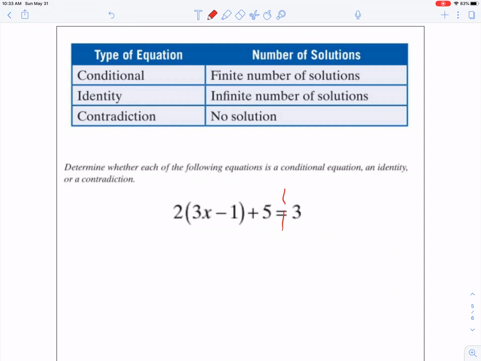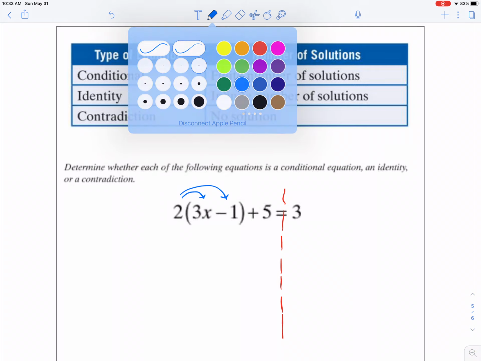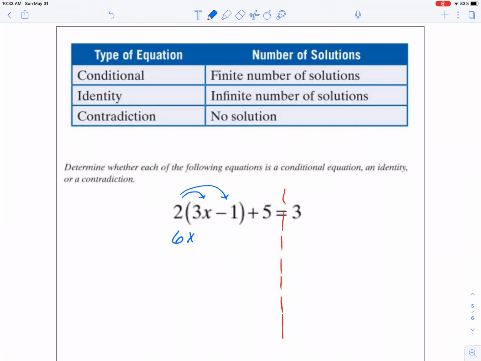Here's my left, right side. Let me put that in there. And I'll begin by doing the distribution here over the parentheses. And I'm noticing, as I did in some previous ones, that there are a couple of terms on the left-hand side that can be combined.